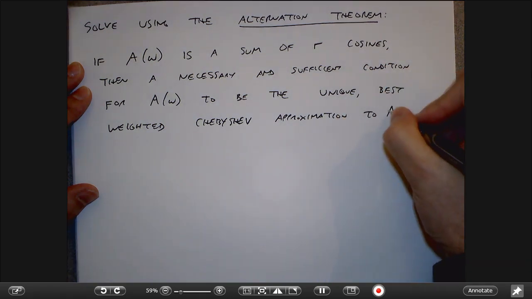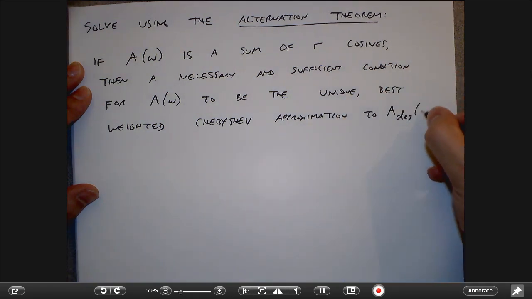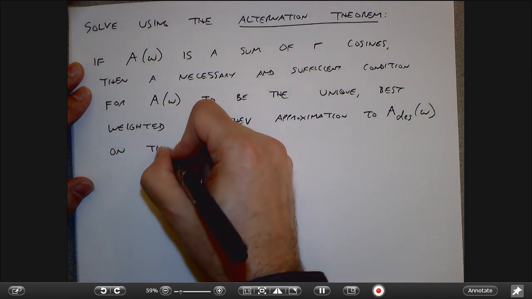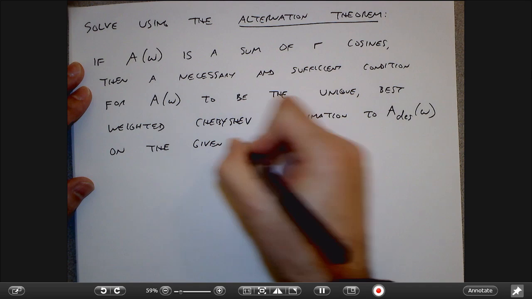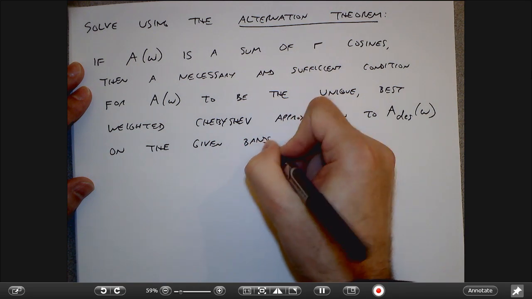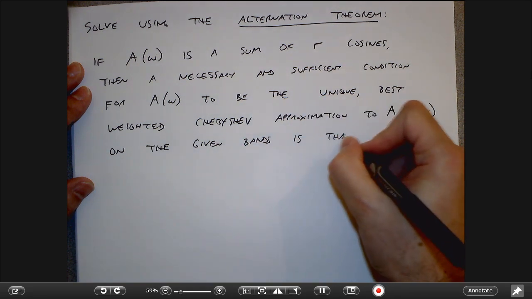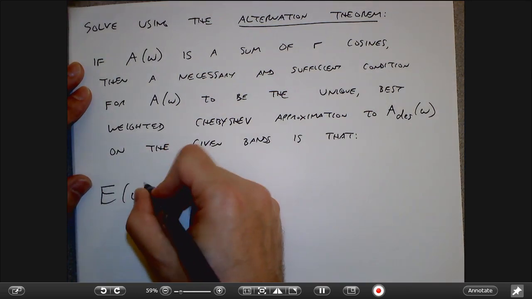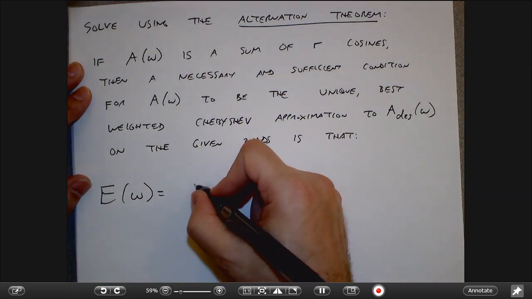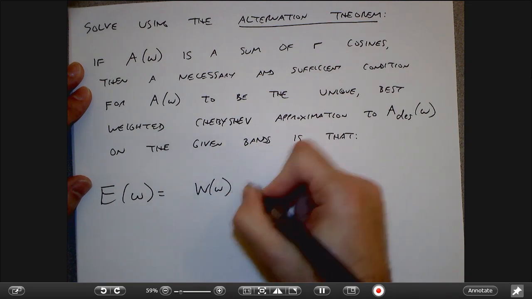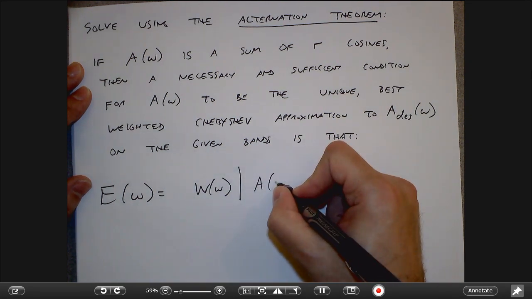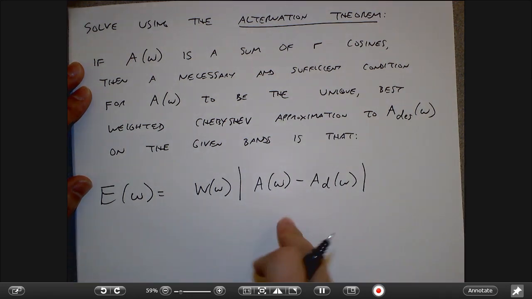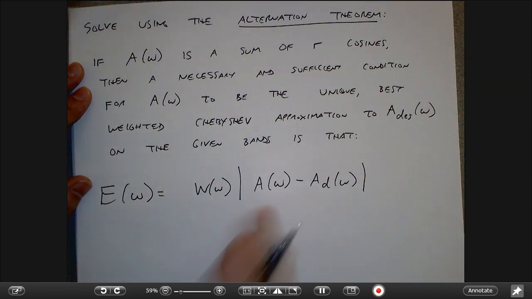to my desired frequency response or impulse response on the given bands, is that this error, which I'm going to define as this weight function, and this is basically the absolute difference between what I want and what I get.